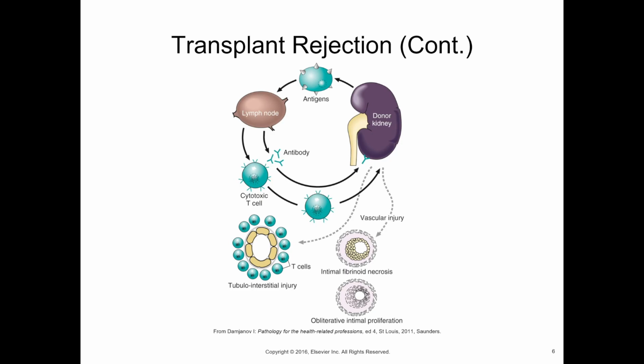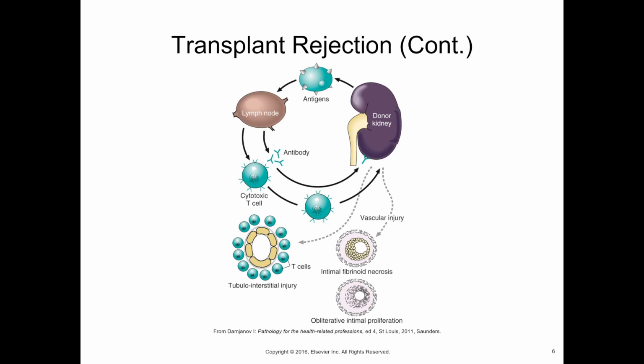The main thing is you'll see an antigen from the donor organ. It ends up activating both B cells and T cells. The B cell antibodies will bind to the donor kidney, and the cytotoxic T cells will directly attack the kidney.